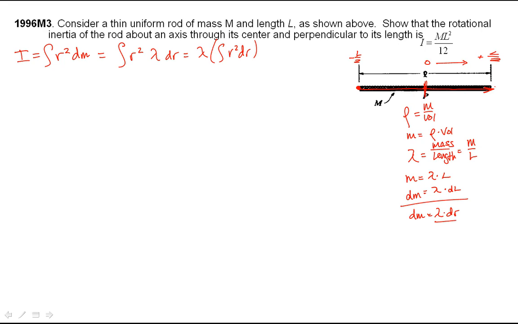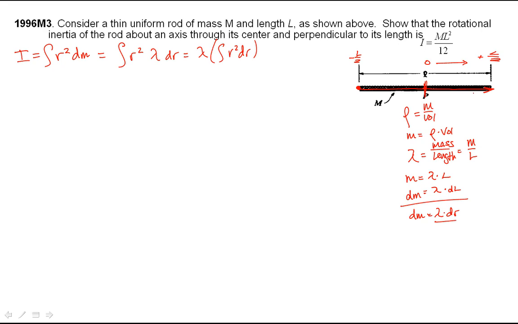This is really two rods from the center to an edge, so I can integrate from the center to an edge, and then take that and multiply it by 2, or add two of those together, and that will give me my total moment of inertia. Either way, it will give me an answer. I like doing integrals where one of the limits of integration is 0, so I'm going to use my little trick where I go from the middle to the edge and just multiply it by 2, because we have a nice uniform rod that's cut directly in the middle.